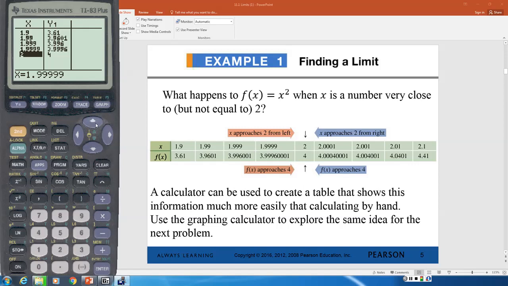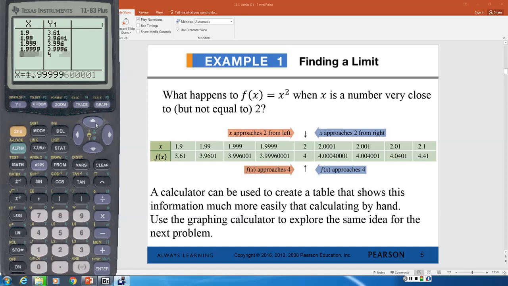And it says that it's 4, but the truth is it actually squared 1.99999, and it got 3.999960001.